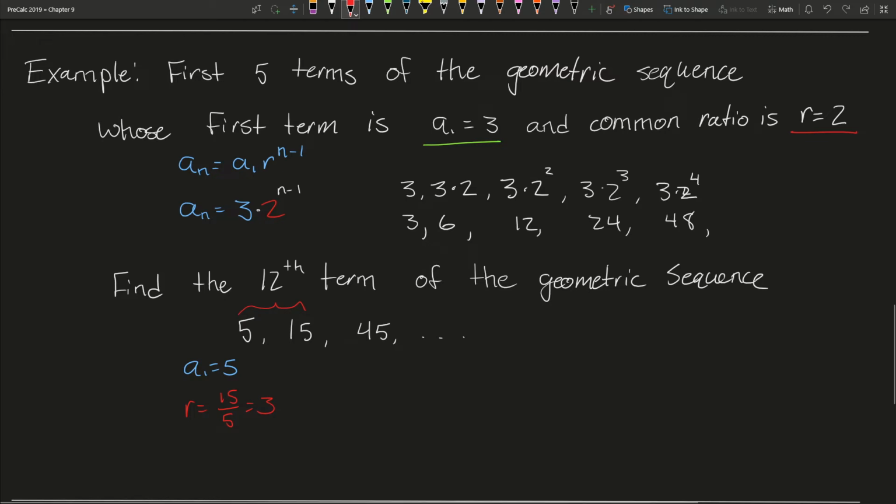Then we can plug that into our equation, and then just plug in for 12. Plug that into our calculator, and then get an answer.